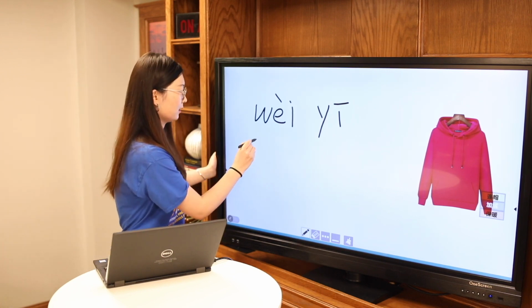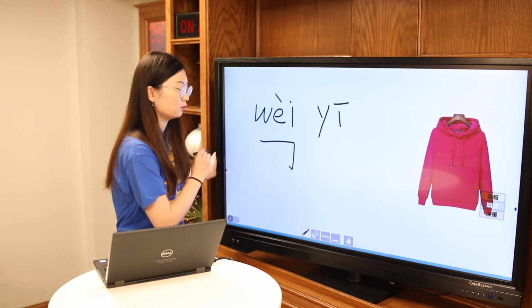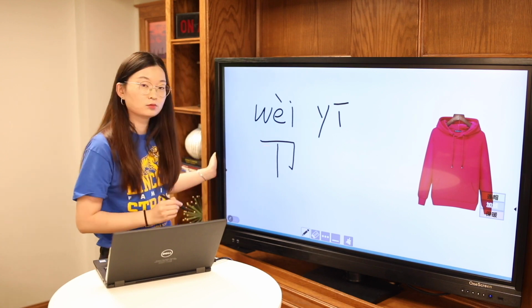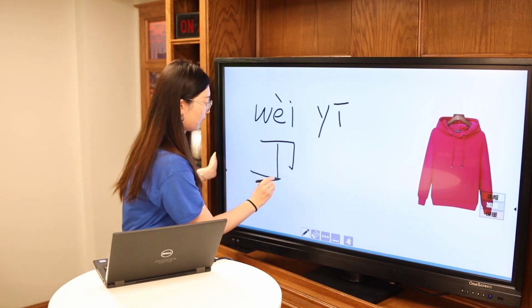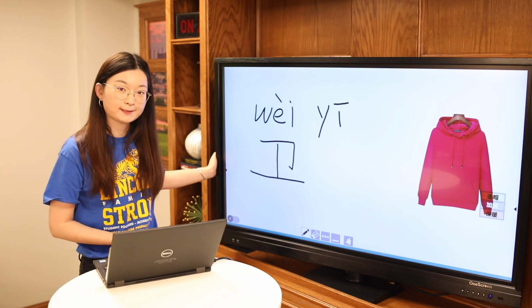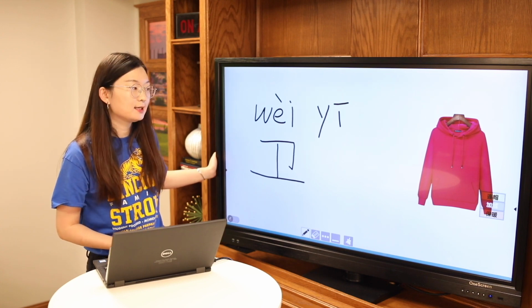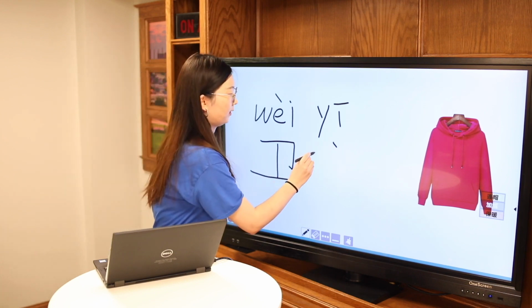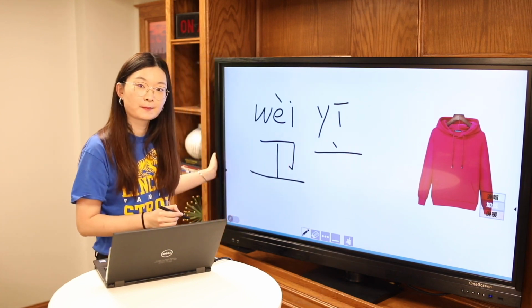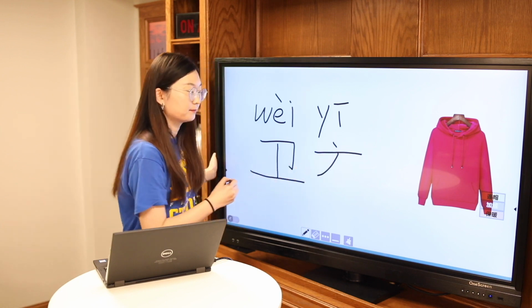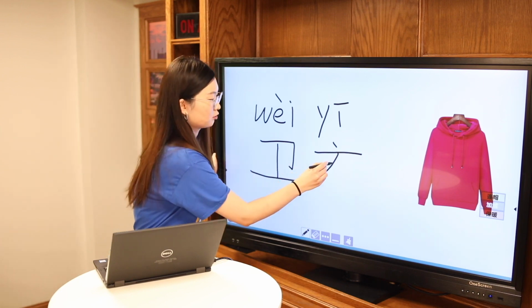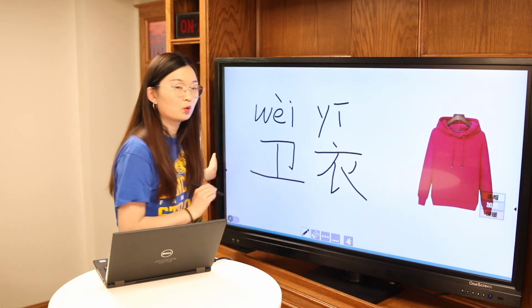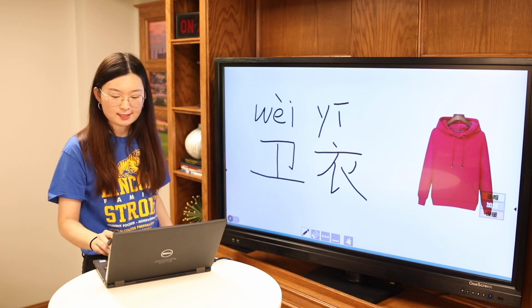So for 卫 横竖 go with one stroke, and then 竖 横 that's 卫 and then 衣 点 横 撇 竖钩 撇捺 卫衣 hoodie. Okay, 卫衣.